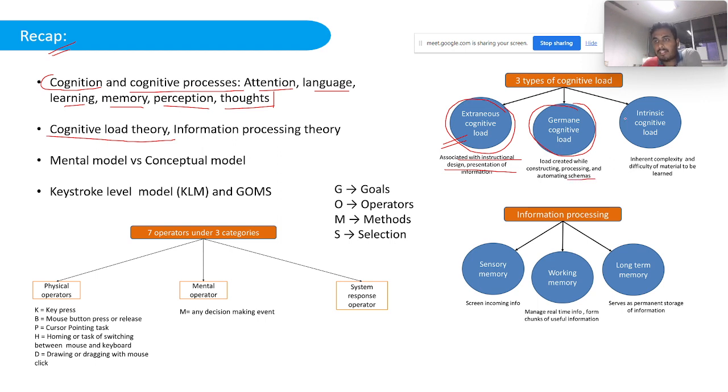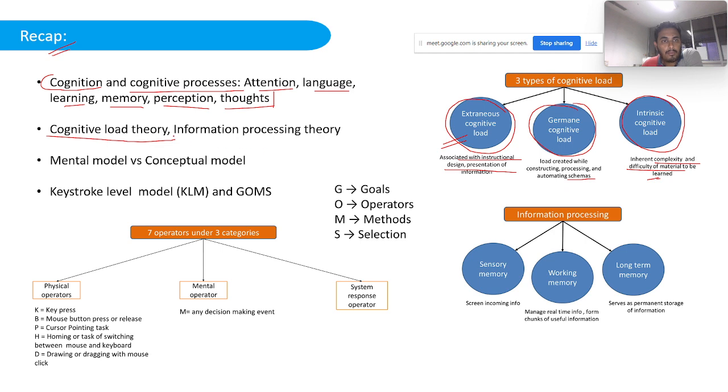Then we have intrinsic cognitive load, which is inherent to the complexity of a subject area. For example, if a designer who has no exposure to electronics has to study or work on some electronic project, probably he will have this sort of cognitive load.